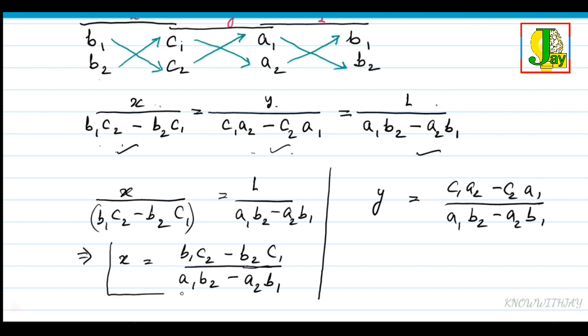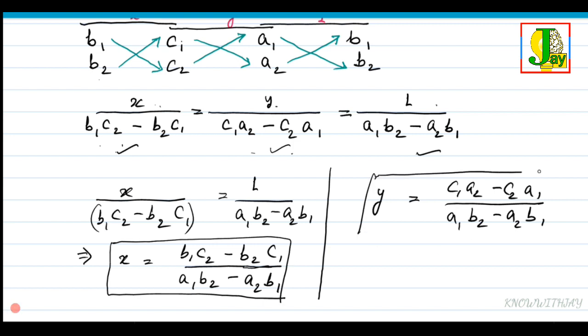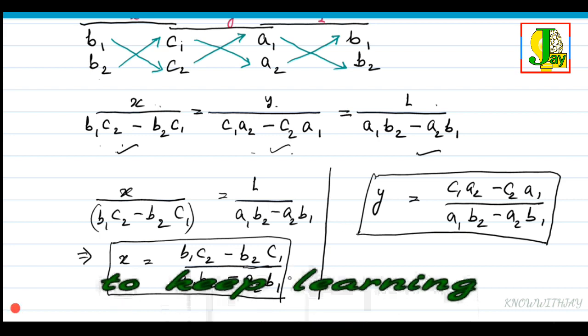So we get x equals this and y equals this. This is the process of cross multiplication to find the variable values x and y.